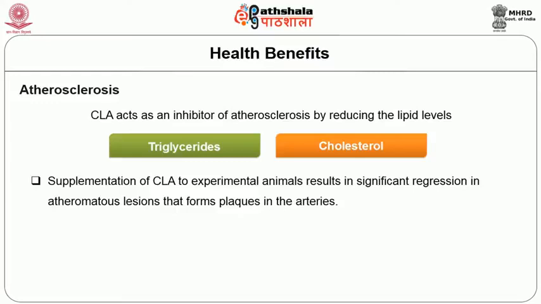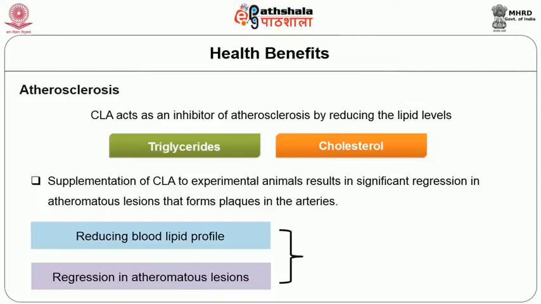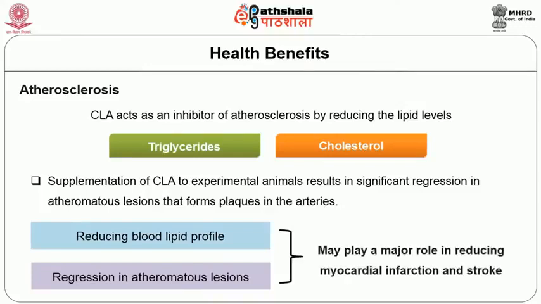Therefore, putting conjugated linoleic acid in our diet can really reduce these atheromatous lesions that form plaques in the arteries. Both of these effects, reducing blood lipid profile like the triglycerides and cholesterol I have mentioned, and the regression in atheromatous lesions, may play a major role in reducing myocardial infarction and stroke.